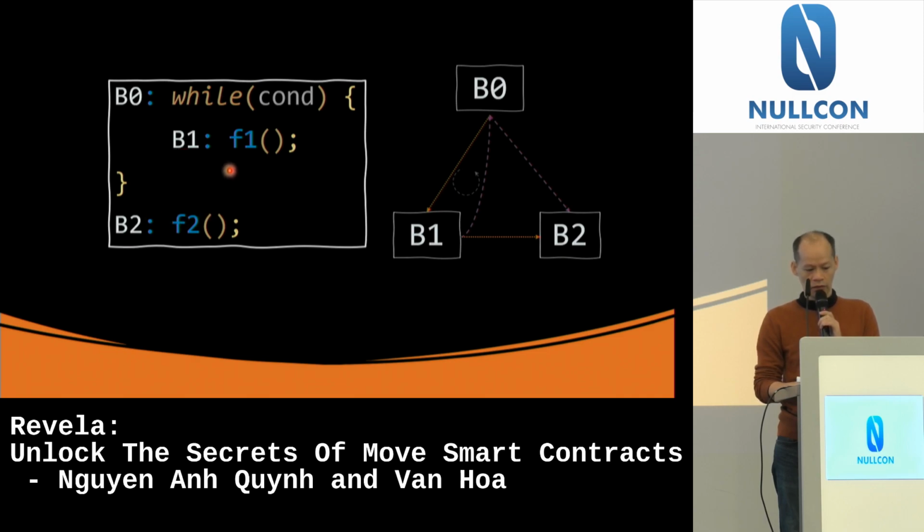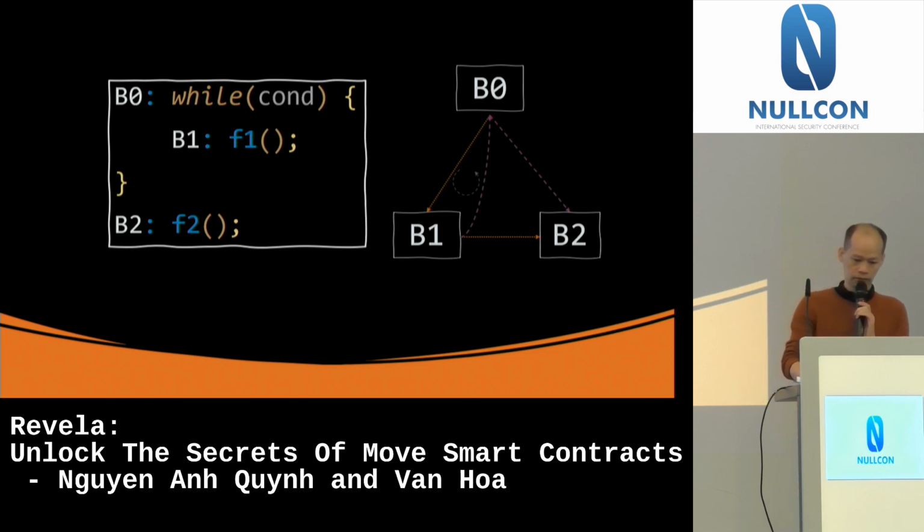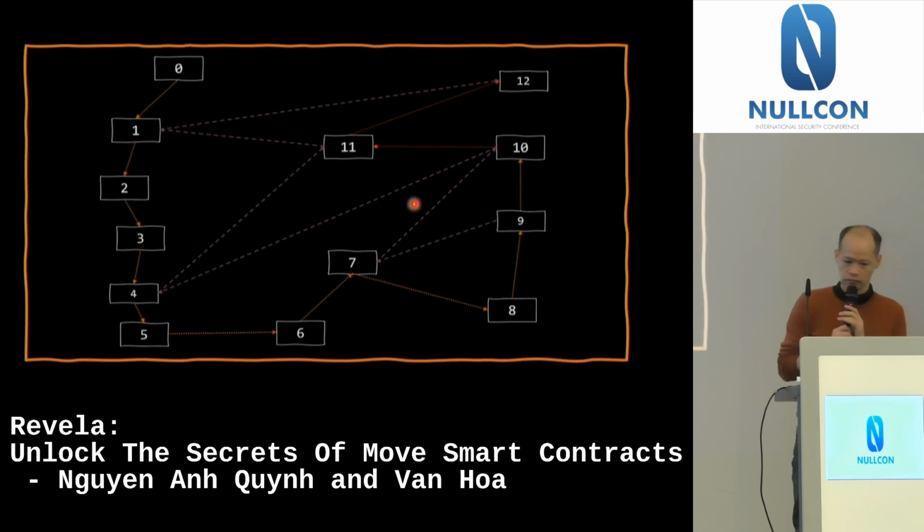But you can see here that B1 can go back to B0. So from the low-level basic block structure, you can see that we have a loop here. So that's why you can recover the high-level structure like a loop from low-level code like bytecode.